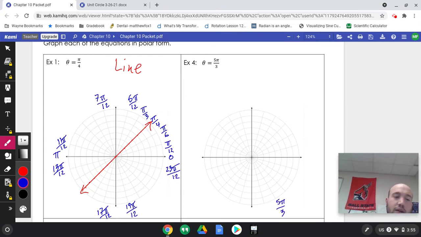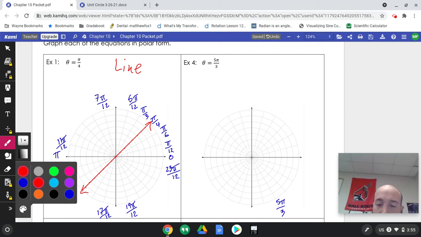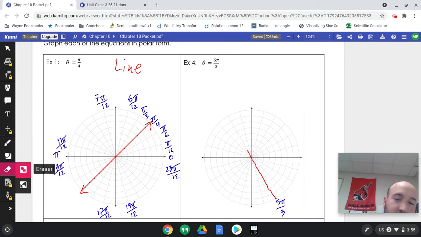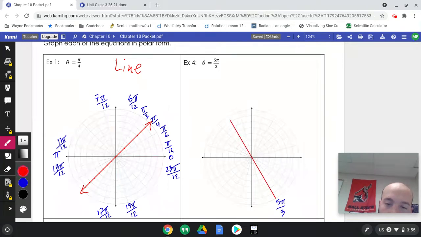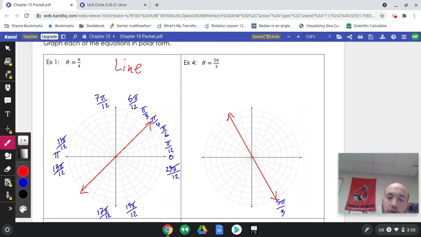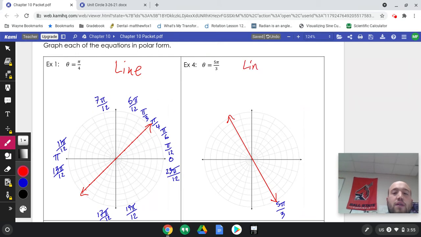And if we think then, that means any point along that line, I need to add arrows to both ends, would be 5 pi over 3. And that is the case if we are given a theta only.